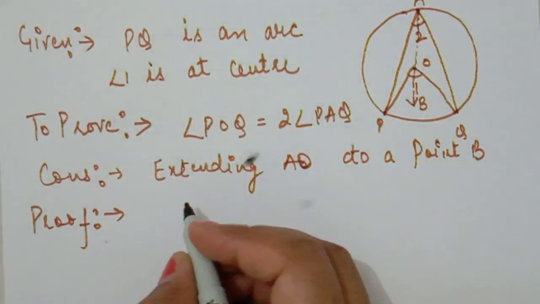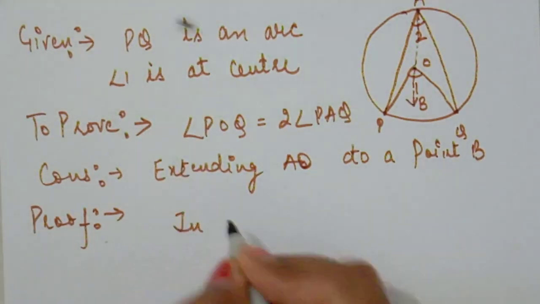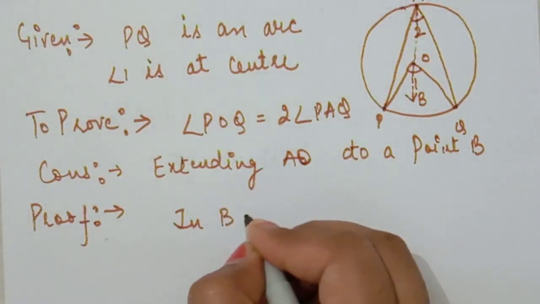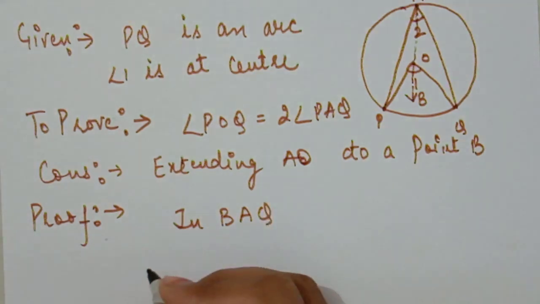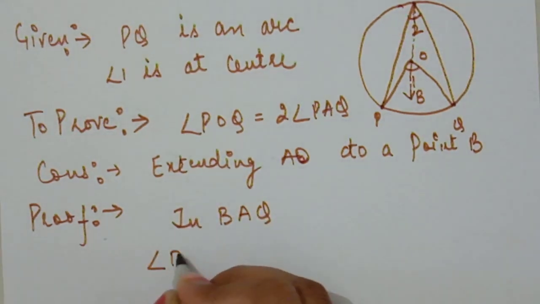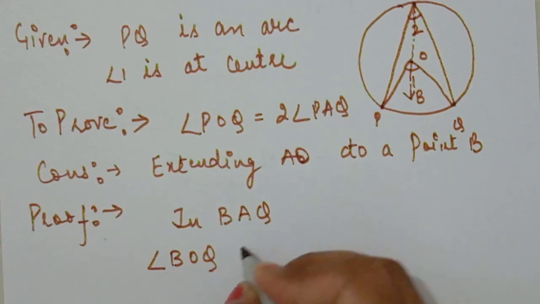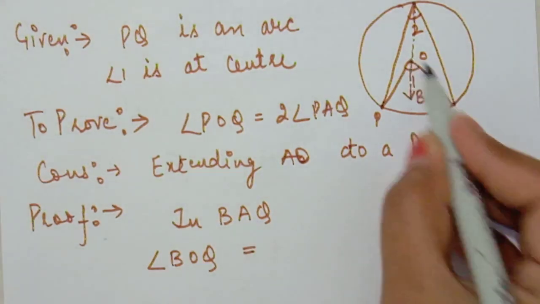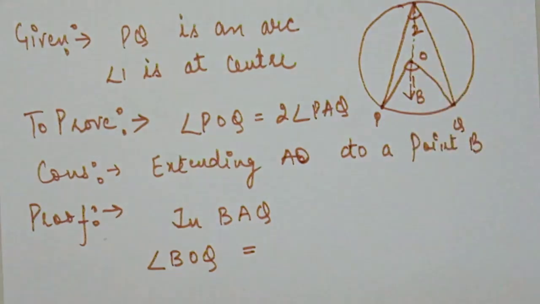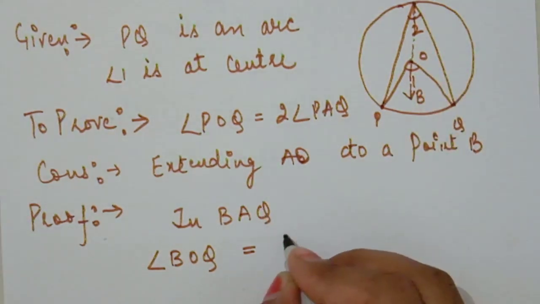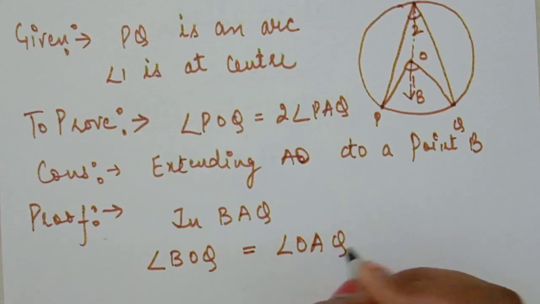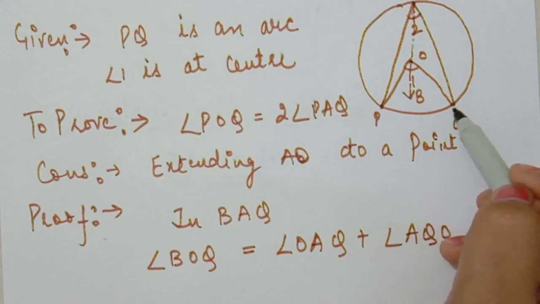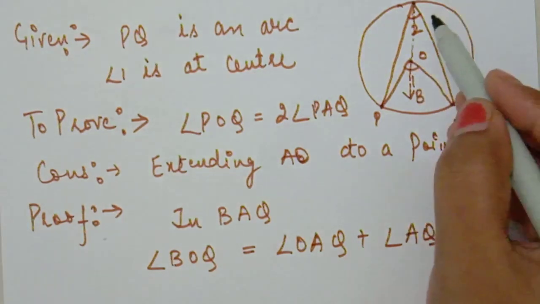So in triangle BAQ, angle BOQ is the exterior angle of this triangle, which is equal to OAQ plus AQO. OAQ and OQA.